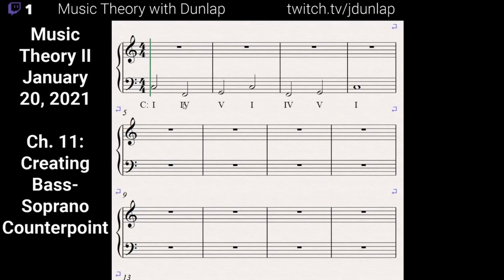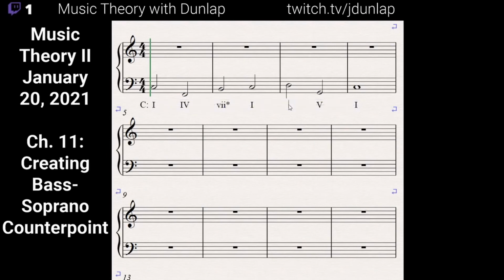So what's the next thing? We need to throw in some 2 and 7s. So I'm going to end the chord progression with 2, 5, 1. Let's go ahead and get scale degree 2 in there. And we need leading tone. And let's see.